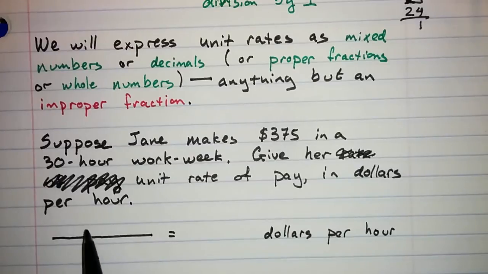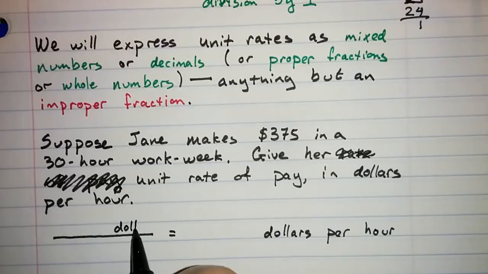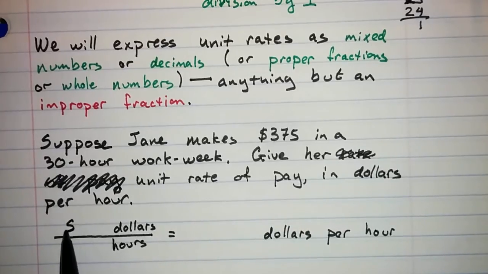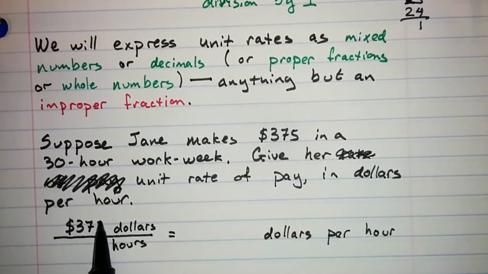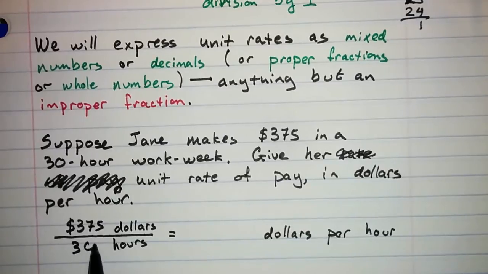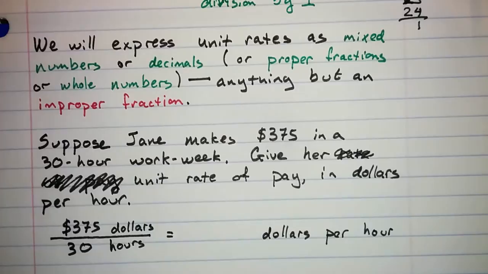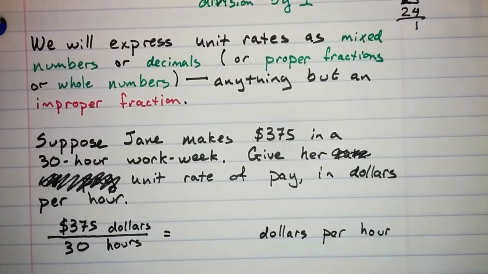So when we write her rate of pay down as a ratio, we'd better have dollars as our dependent quantity and hours as our independent quantity. So in the story, she makes $375 in 30 hours. To give her rate of pay in dollars per hour, we just do this division.